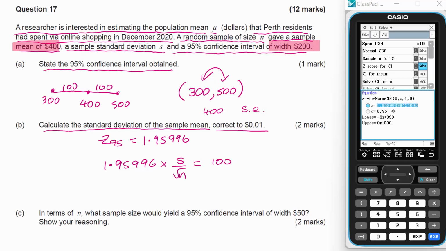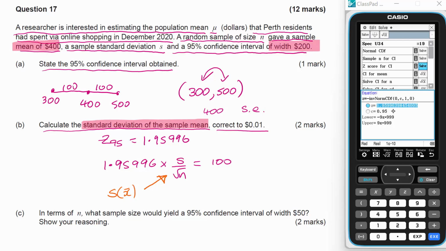That's how we calculate the standard error, and the standard error is 100. And don't forget that this bit here, the s over root n, is basically s of x bar, which is what we're trying to find, the standard deviation of the sample mean.